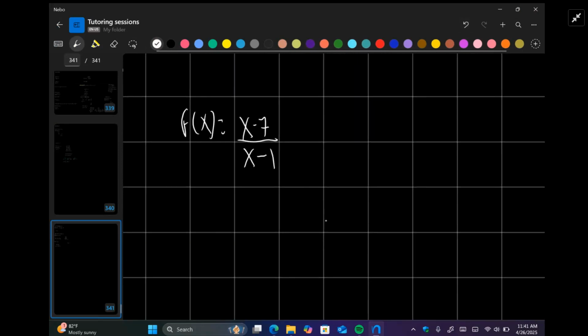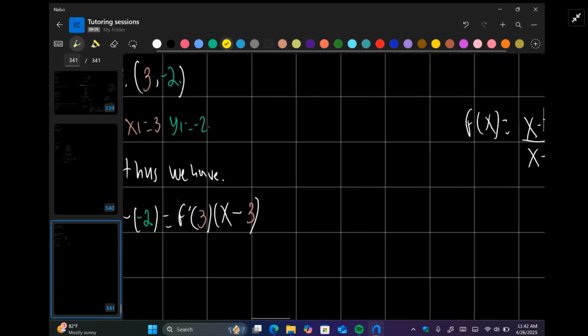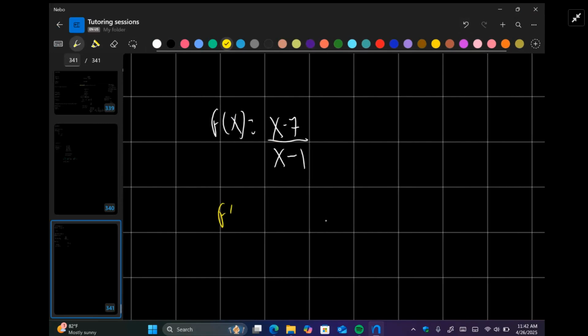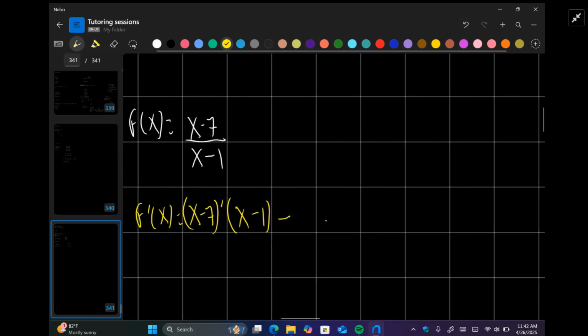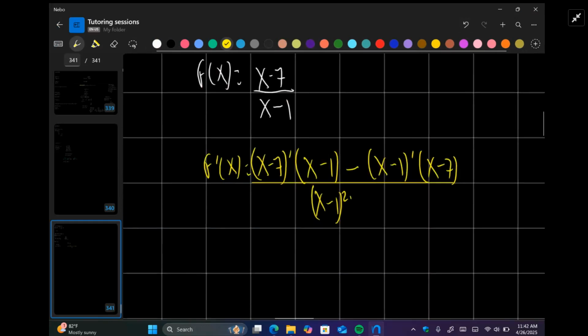For the derivative, we're going to put f prime of x equals (x minus 7) prime times (x minus 1) minus (x minus 1) prime times (x minus 7), all over (x minus 1) squared. If you don't know how to do this, there's the quotient rule.